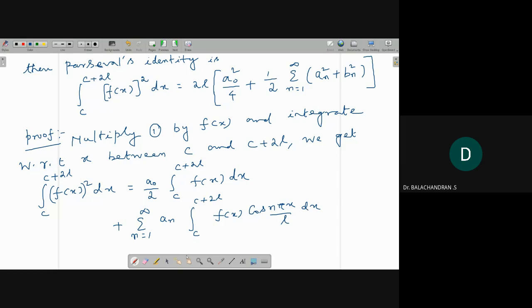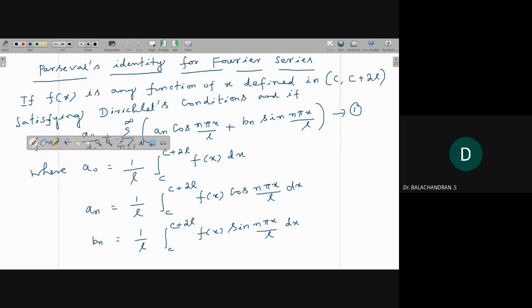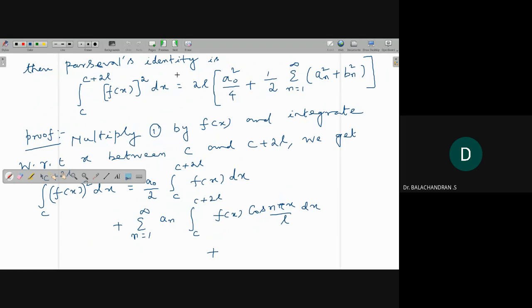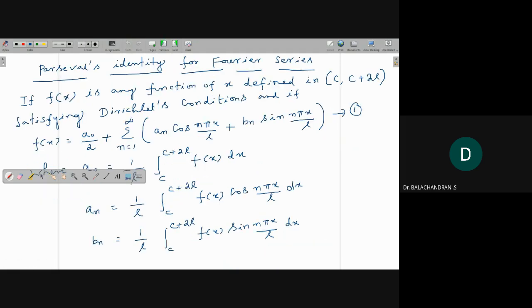And then plus summation n equal to 1 to infinity bn integration c to c plus 2l, because we need to multiply by f of x into the remaining sin n pi x by l.